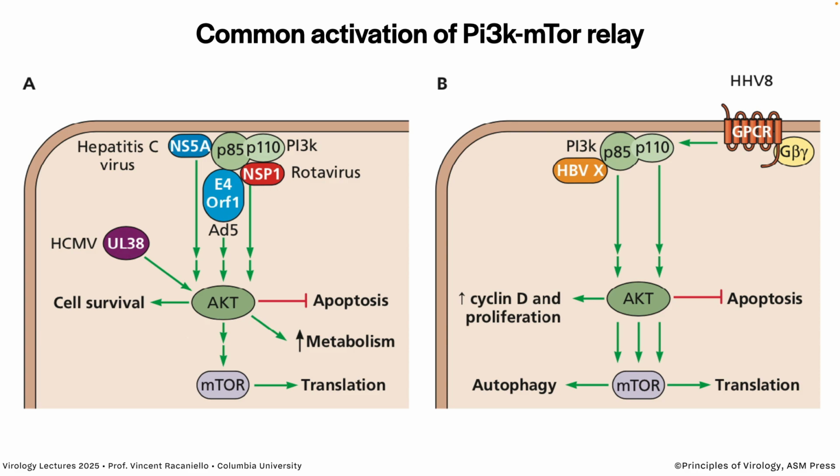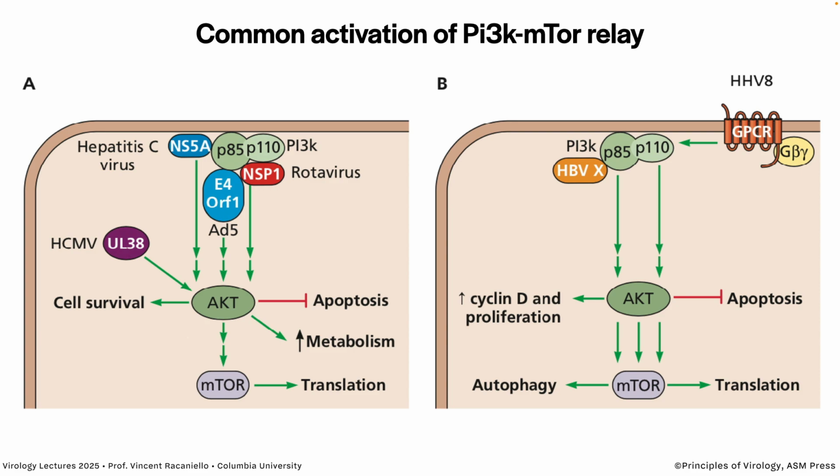This PI3K mTOR relay is very important. Many viruses activate it to get more translation, hiked metabolism, as you can see here. AKT activation also prevents apoptosis, programmed cell death, so that's good for the virus, right?